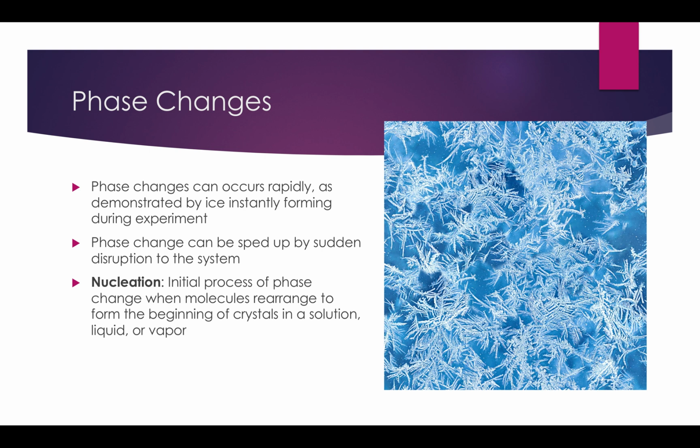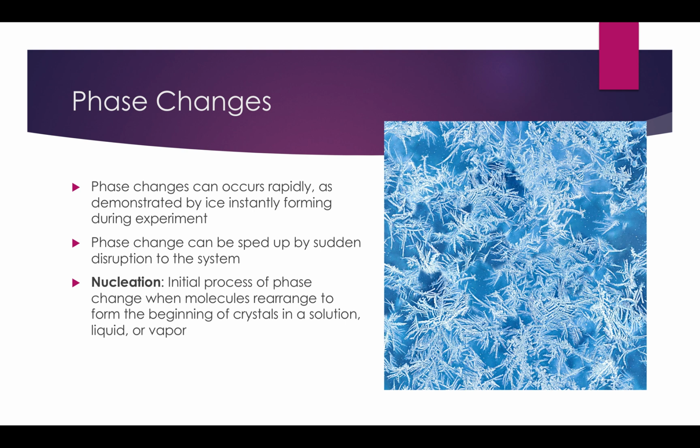So basically, when we had that water, we can assume that the temperature was probably a little bit past the point of freezing, but because that water was very, very pure and there was nothing in it, this allowed that water to stay in a liquid state without crystallizing. So then what we did is we suddenly disrupted the system by slamming it on the countertop, and that caused that rapid formation of the water crystals.